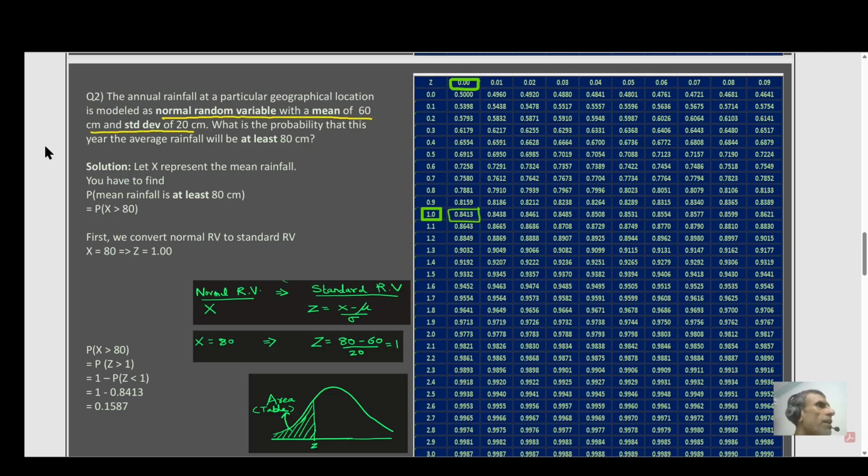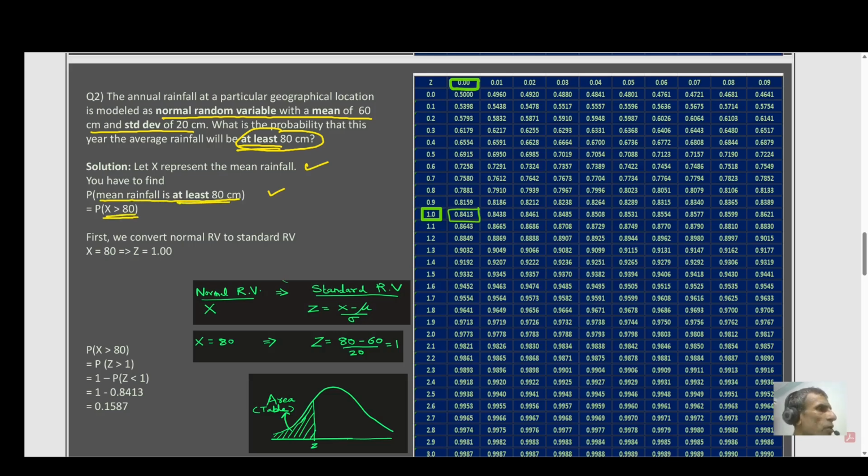Now the question is, what is the probability that this year the average rainfall will be at least 80 centimeters, not at most, but at least? At least means X should be greater than or equal to 80.